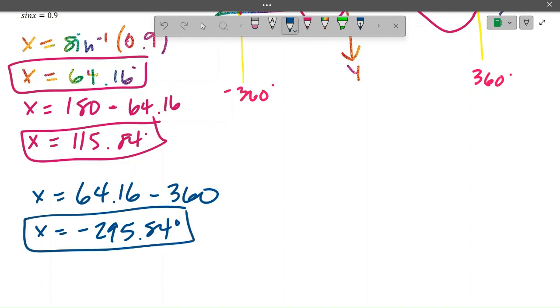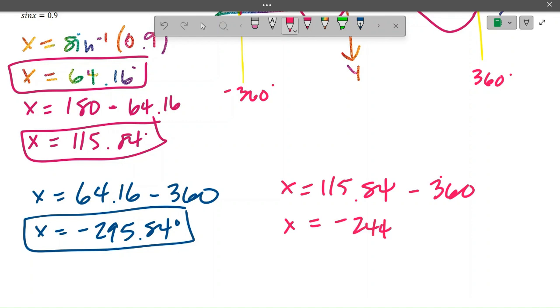So we are going to do the exact same thing with our 115.84 degrees. We know that we have a value here, and exactly 360 degrees or 360 movements left is another value. So we're subtracting 360. When I do that, I get negative 244.16 degrees.